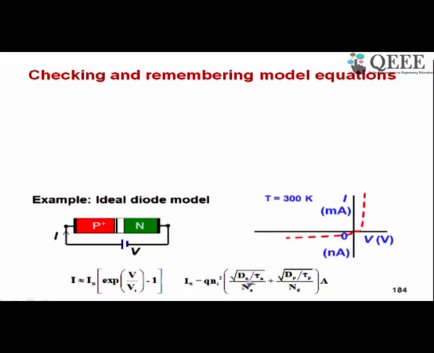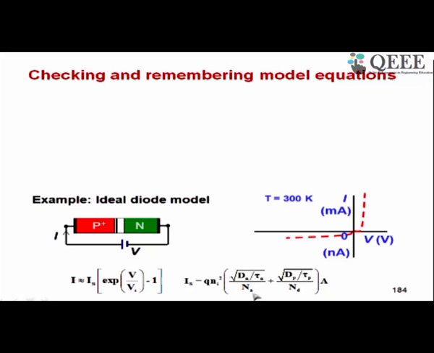Please remember, the suffix n is not the p type region. This suffix n refers to the electrons, and these are referring to the minority carriers. Therefore we should not think that Dn means diffusion coefficient of electrons on the n side. That will not be correct. Dn is diffusion coefficient of electrons, but it is on the p side.